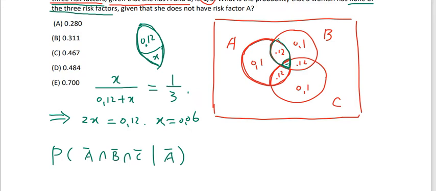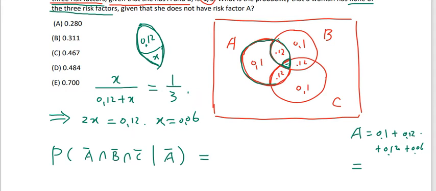Okay. So let's say, the notation. So the total is just not A. So let's say what is A? We can find A as 0.1 plus 0.12 and 0.06. So this A, we have four parts.